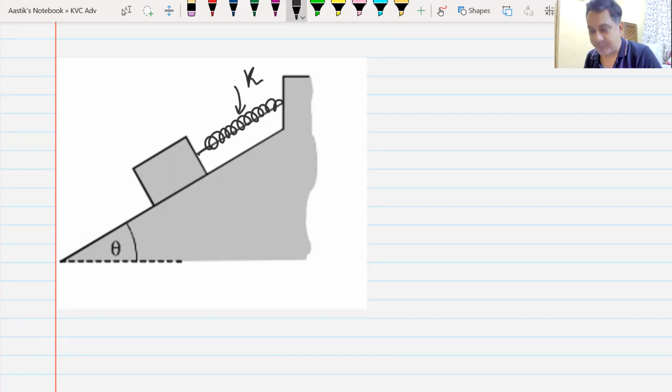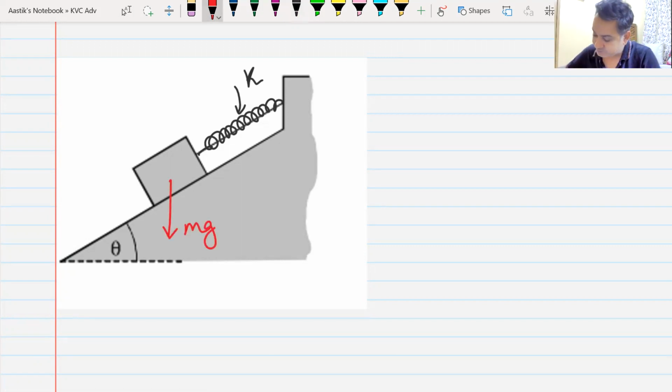This is extended and this is compressed. It will be extended. The block will try to extend the spring. Yes or no?